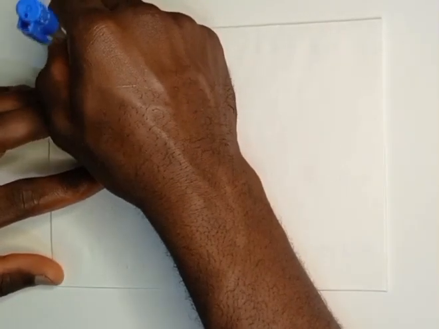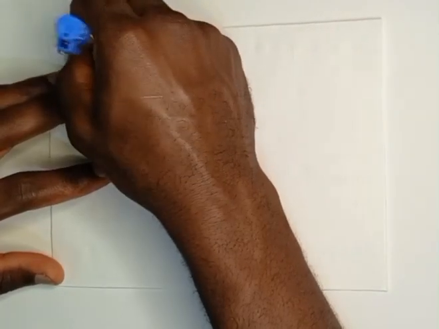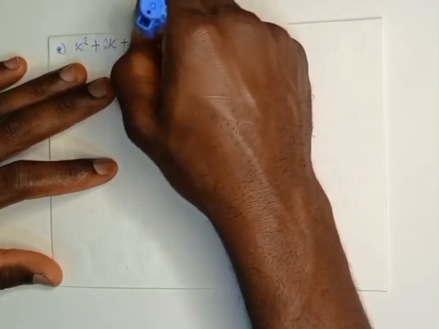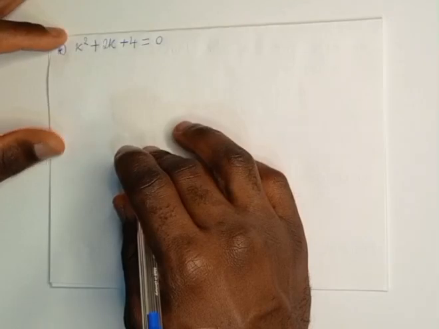Next, solving the quadratic equation k squared plus 2k plus 4 equal to 0. We are going to make use of the quadratic formula.